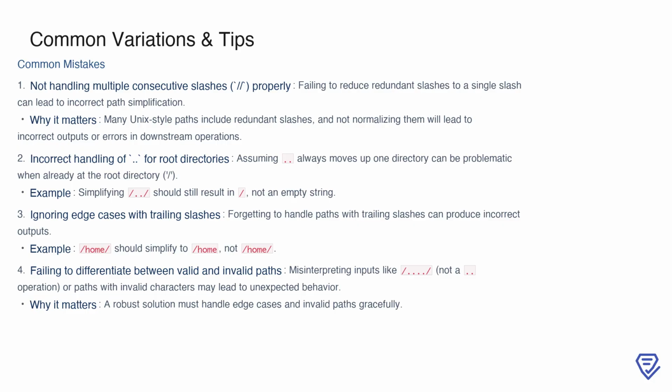Finally, it's important to differentiate between valid and invalid paths. For example, ... doesn't mean the same thing as .. and should be treated as a regular folder name. Similarly, paths with unexpected or invalid characters should be addressed gracefully to ensure robustness in your solution.